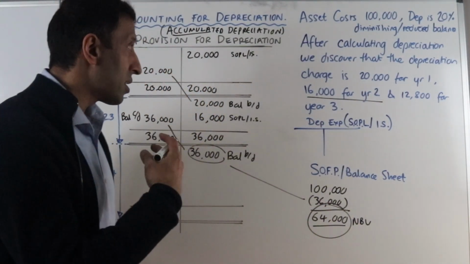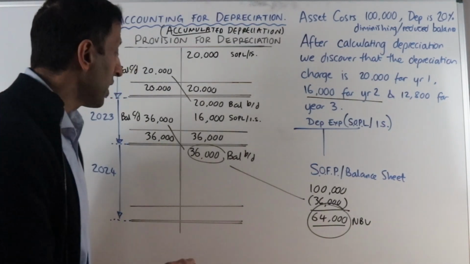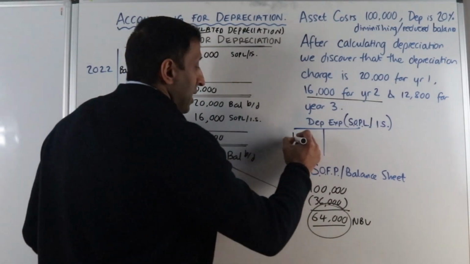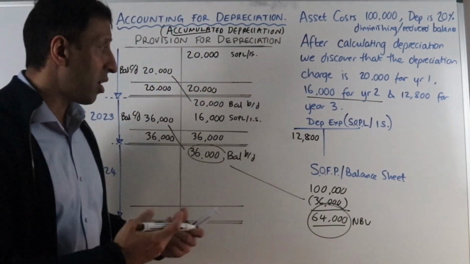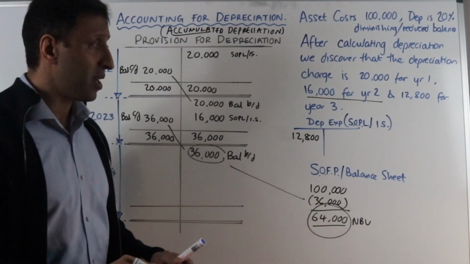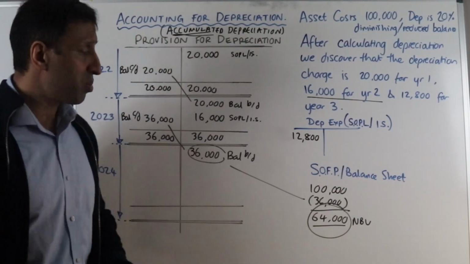Okay, so then 20% of that figure is 12,800, and so we account for that in exactly the same way again. 12,800 is the depreciation expense or loss in the value. A loss is an expense or a cost, and that goes into the expense account for depreciation. This is not the expense account, this is the total depreciation or accumulated depreciation account.